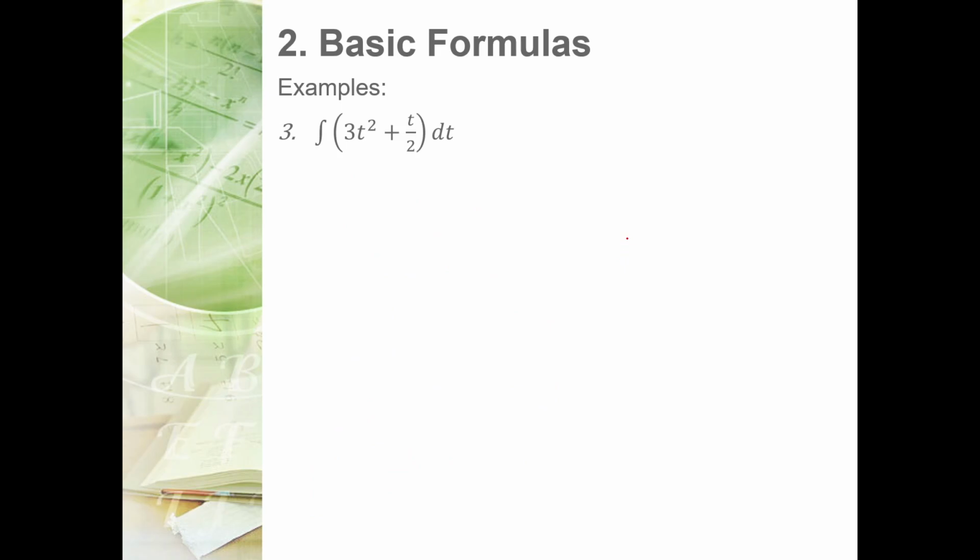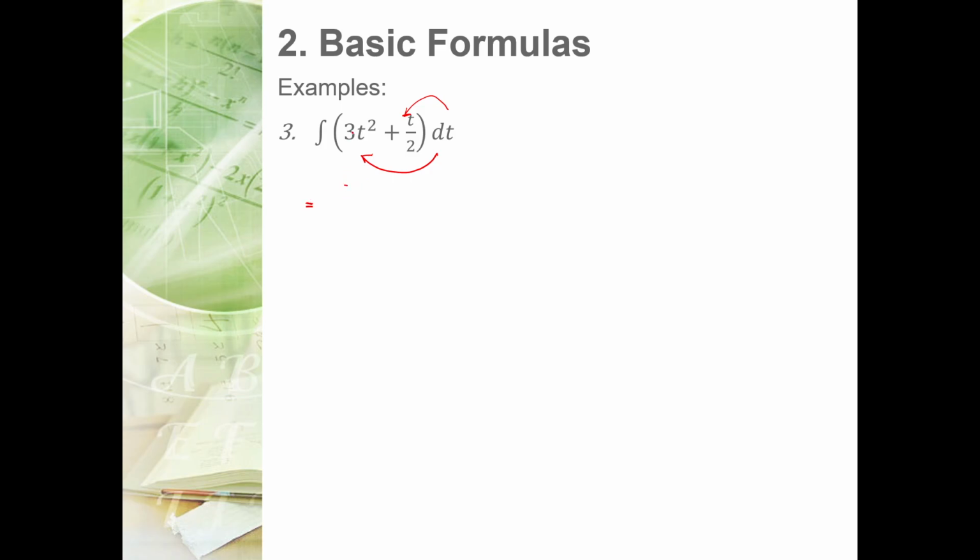So, we have the integral of 3t squared plus t over 2 with respect to t. So, we have a different variable of integration in this example. So, again, distribute. The arrows are just for the sake of visual presentation. Later on, you can do it without arrows so your solution isn't messy.